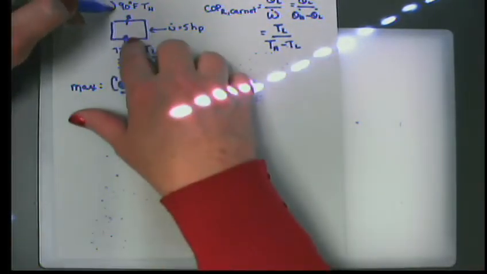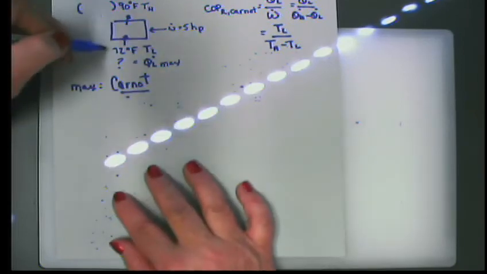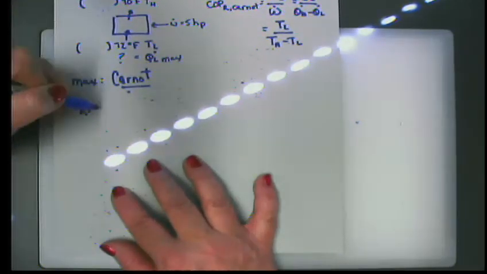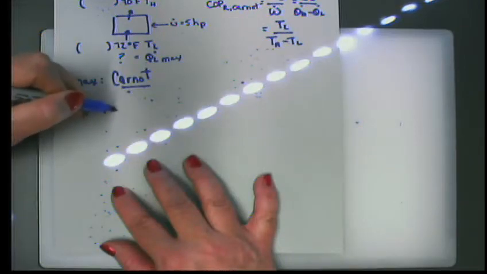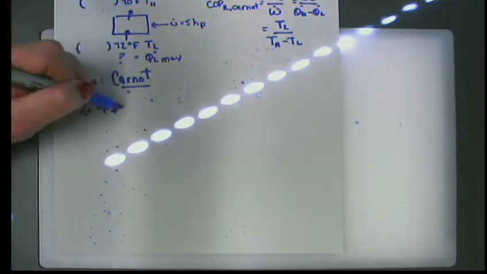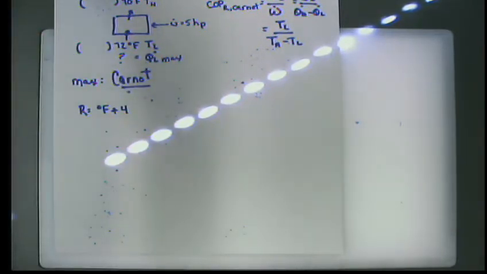Okay, now we can't use degrees Fahrenheit because that is not an absolute scale, but we can say degrees Rankine is equal to degrees Fahrenheit plus, is it 459 or 469? Do you guys know? I always think it's 469, but then I think, wait a second, maybe it's not.